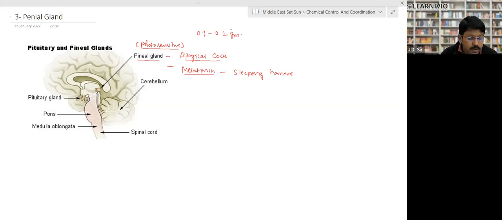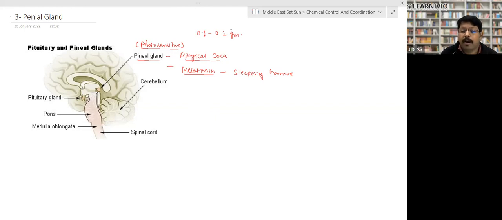The hormone promotes sleep, and its secretion increases in dim light. Next point.